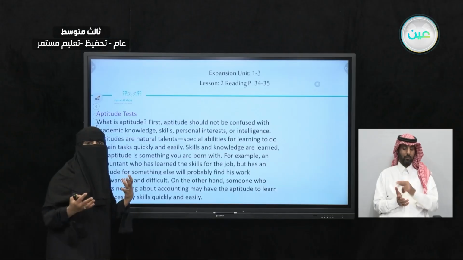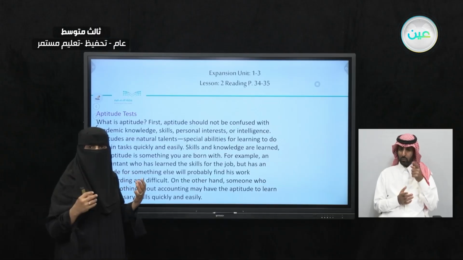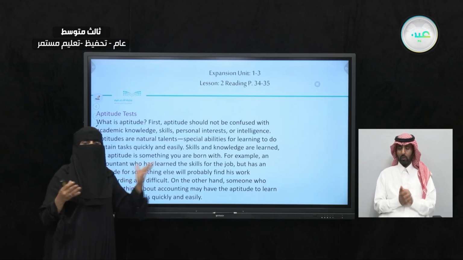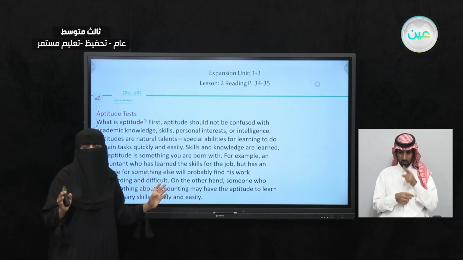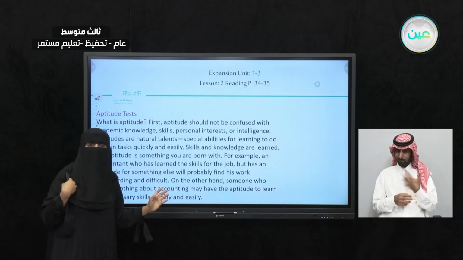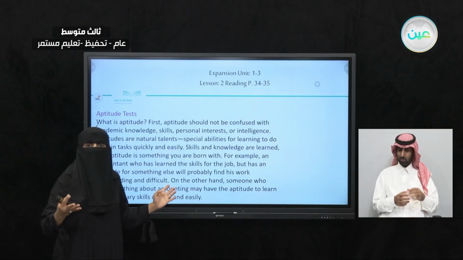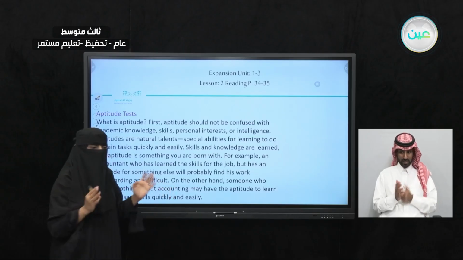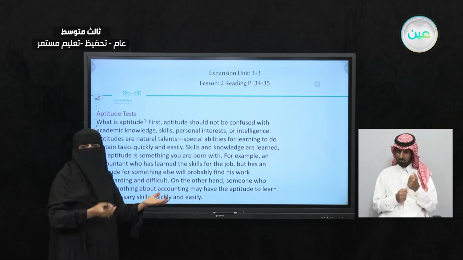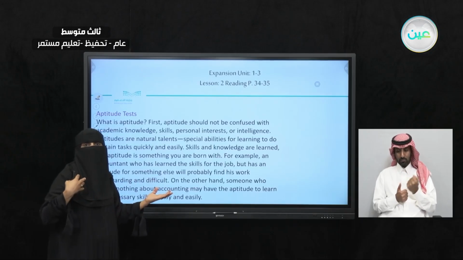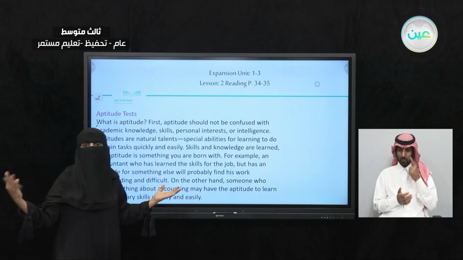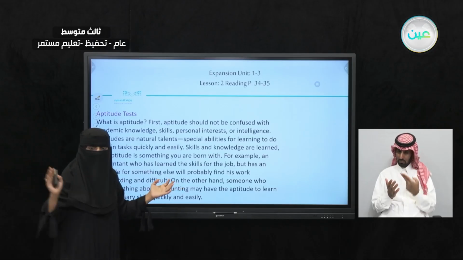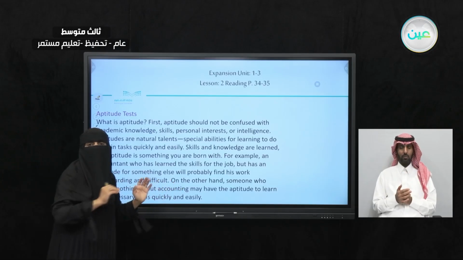the difference between your talent and your skills. I mean, in the future you can work anything. You can work as a doctor and you can be a successful doctor, but you will be bored if you don't have the talent. If you don't have the talent, you will have the skills, but if you are fond of art, if you are fond of reading literature, okay, then you would find your work boring.